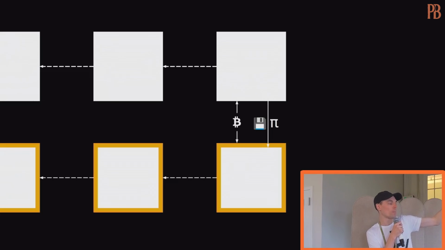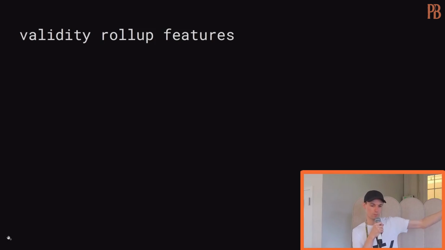Every so often, you'll get a block or a batch of blocks that gets put onto the parent chain along with a cryptographic validity proof that those batches are actually valid. Of course, if that proof resolves to false, it's not a valid proof, then the smart contract on layer 1 is going to reject it and just wait for a valid batch and proof to be provided before it goes to the next state transition.